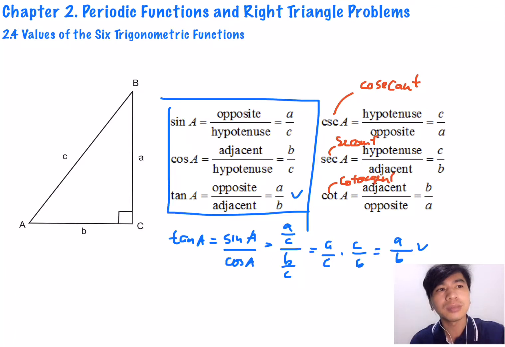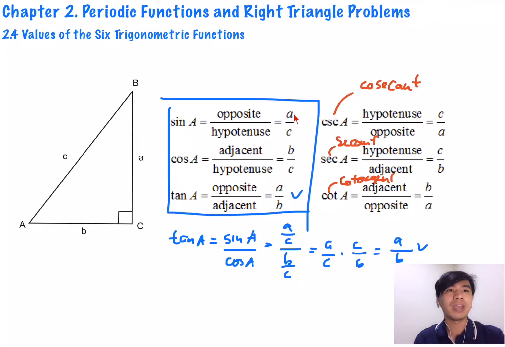Okay, so cosecant is defined as hypotenuse over the opposite, which is the reciprocal of sine A, and then secant A is defined as the hypotenuse over the adjacent side, which is the reciprocal of cosine, and then cotangent, yeah, you can guess, it's also the reciprocal of tangent.